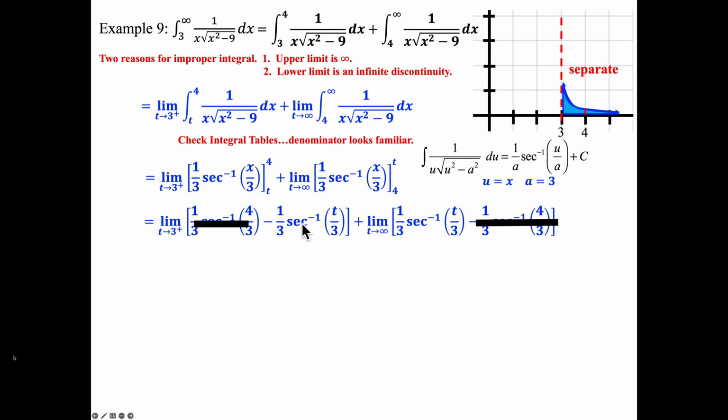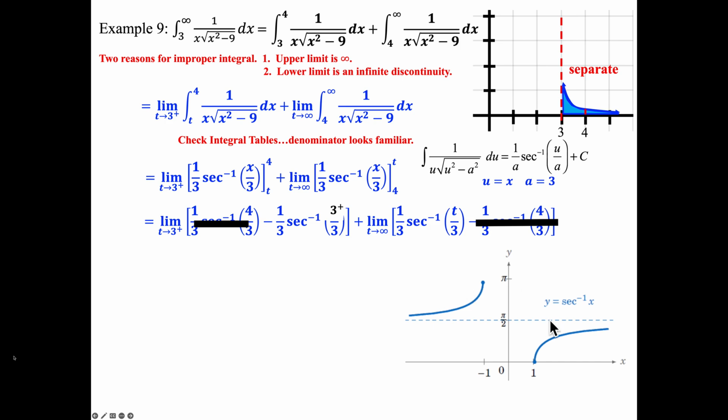Okay, inverse secant. Oh, great. Just like that inverse tangent, I need to look at what its graph looks like. So here is the graph of inverse secant of x. So now, as t approaches 3 from the right, this is going to be really big, and then come down to a 3. So this is getting closer and closer to a 1.